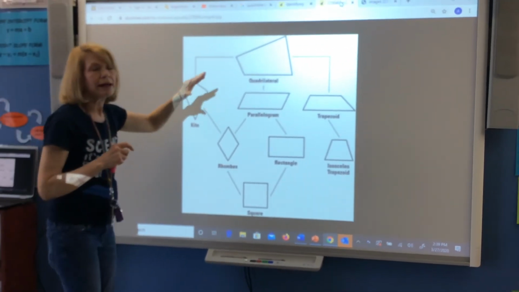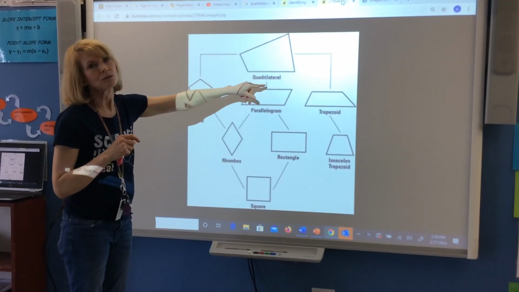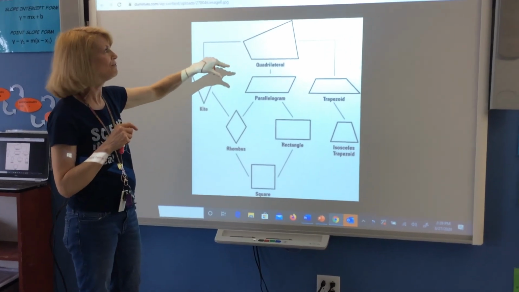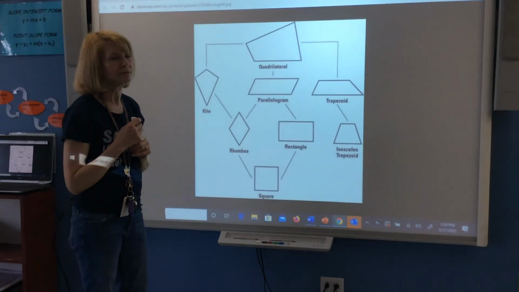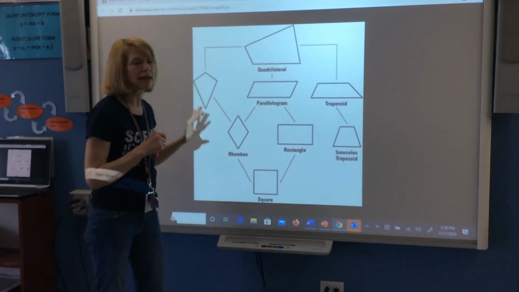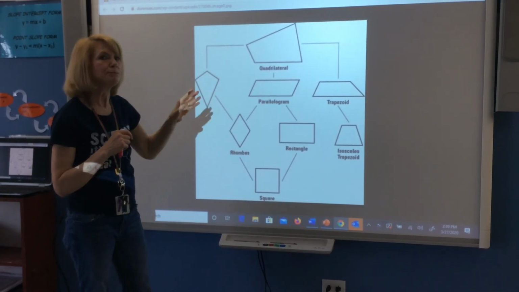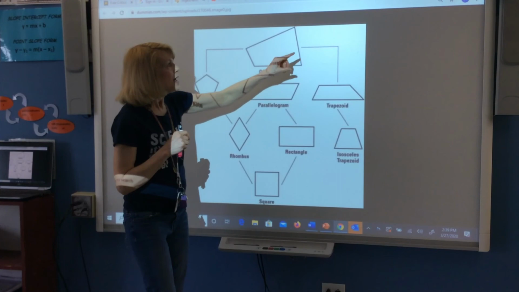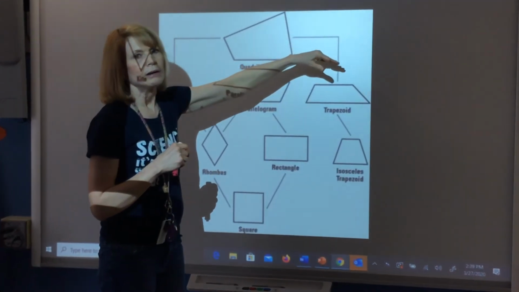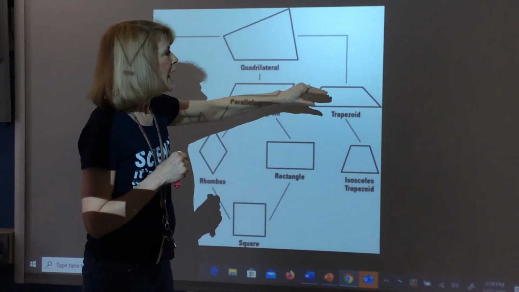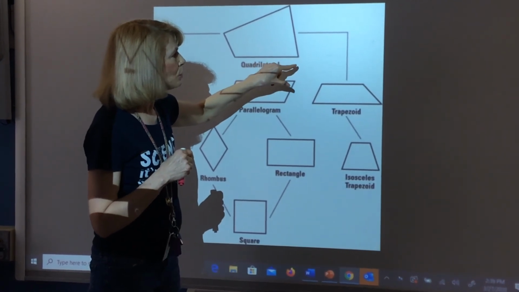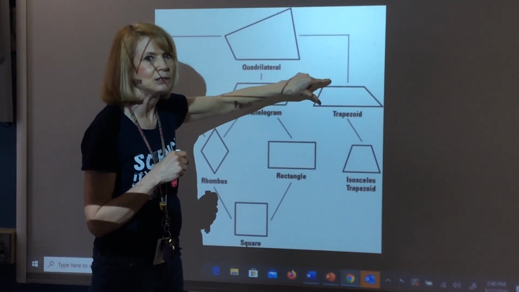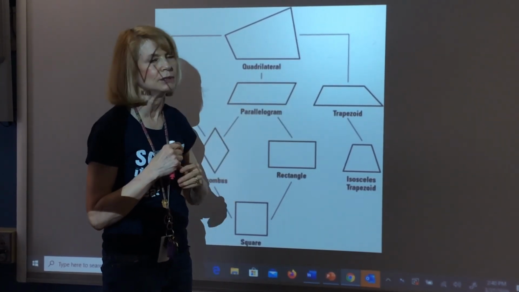Okay, this diagram shows quadrilaterals. Quad means 4. Quadrilateral is a 4-sided figure. So all of these are quadrilaterals, but there are special cases, okay? Well, I'm going to go over here on the far side first. A quadrilateral that has 2 parallel sides, only 2 sides are parallel, is called a trapezoid.